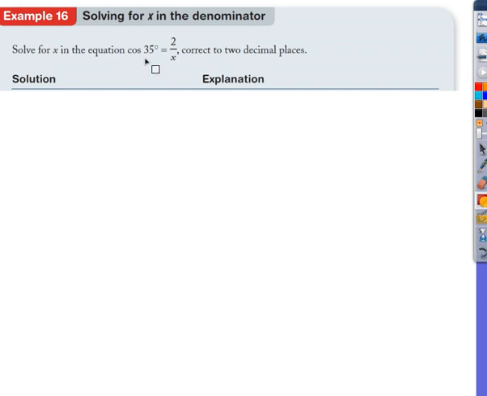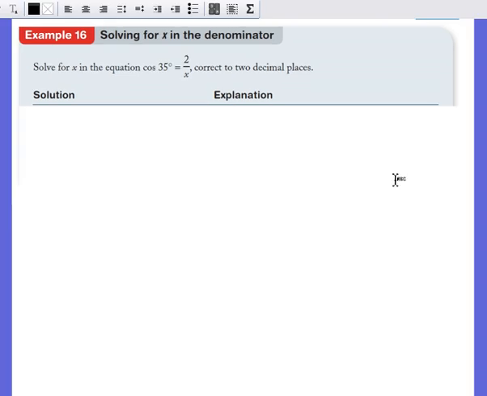Okay, cos 35 is equal to 2 on x. So cos 35 is equal to 2 divided by x. So first thing I need to do is to multiply both sides by x. So x cos 35 is equal to x times 2 divided by x.